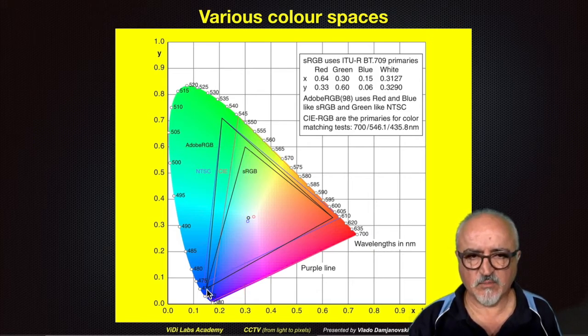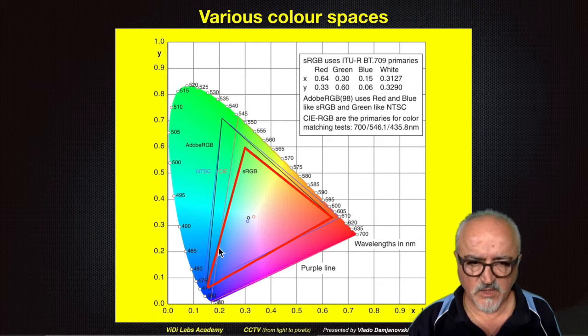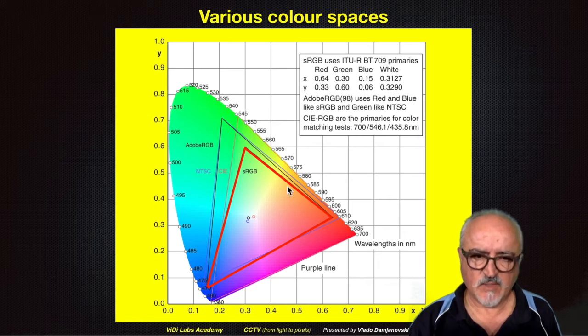And then we've got the blue, which sits on 0.15 at x value and 0.06 at the y value. So using this sRGB triangle, all colors that fall within this triangle are reproducible. So clearly there are a lot of them that are out, but a lot of them that the human eye can see as different tonalities can be reproduced.